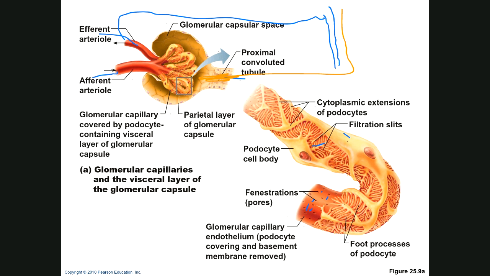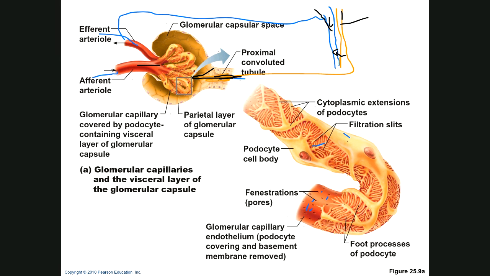So we have the sludge blood from the efferent arteriole here. We have the proximal convoluted tubule here. So you have high concentration, low concentration. So water gets sucked back into here, because the filtration filters out the water, glucose, just almost everything.